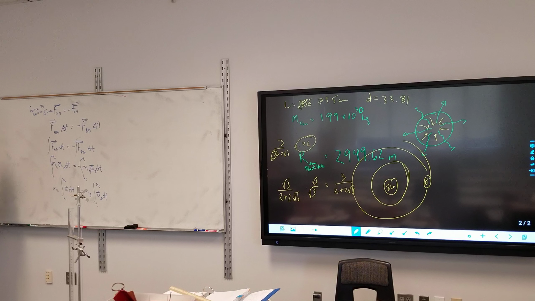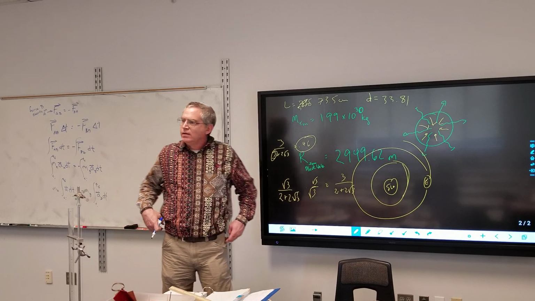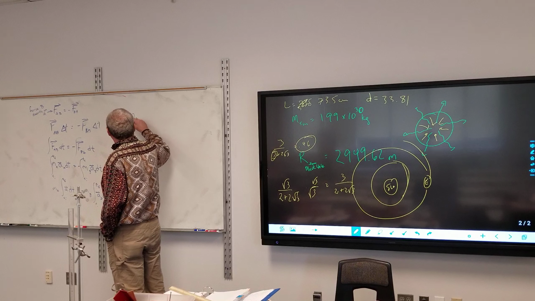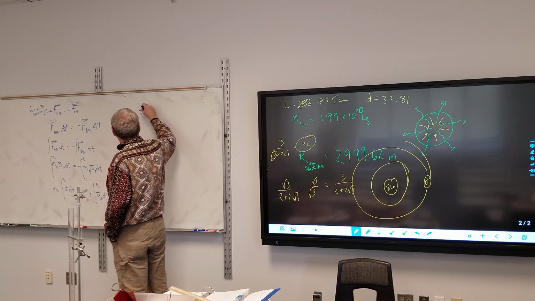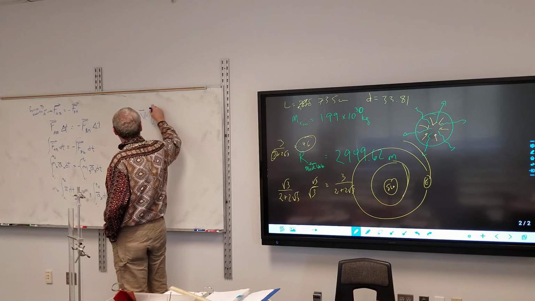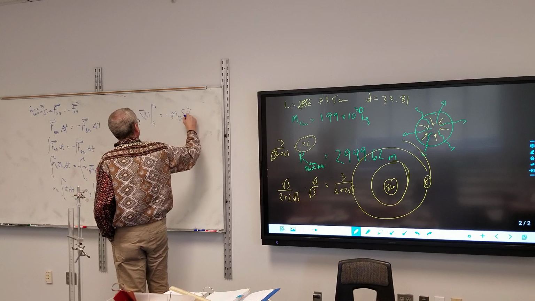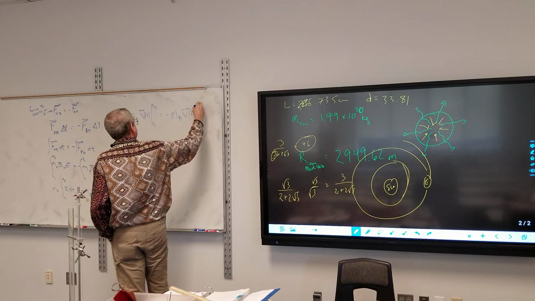And what is the integral of a dt? Velocity. So we have the mass of A times the velocity as a function of time from some time initial to time final is equal to the negative mass of B times the velocity with respect to time, from some time initial to time final.